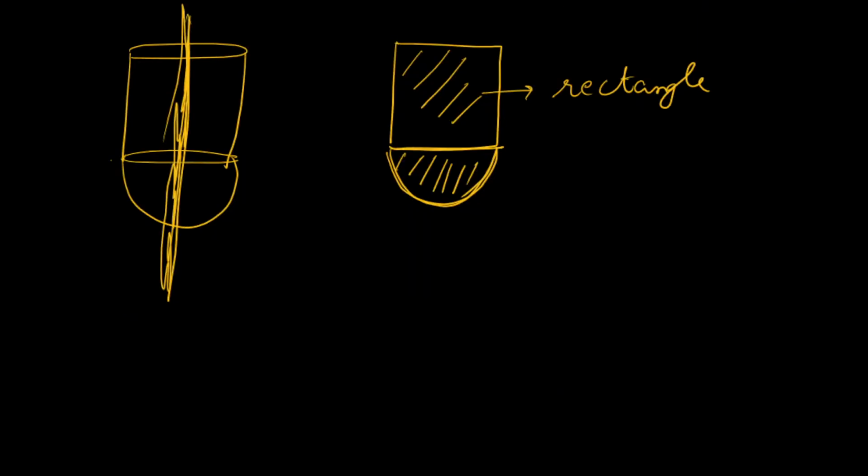Okay, so now these two surfaces are getting added, one on this side, another on this side from its center. One rectangle and one semicircle.